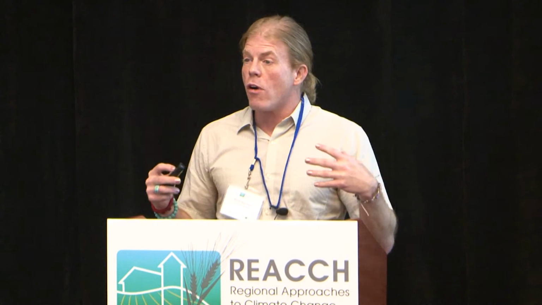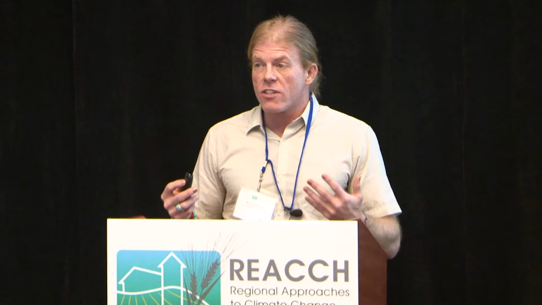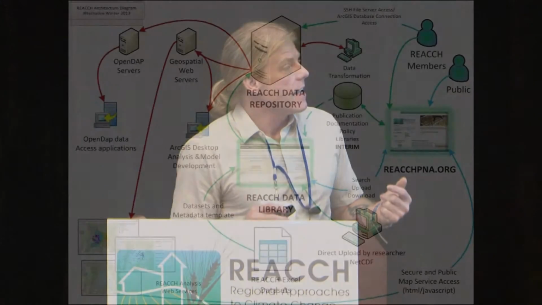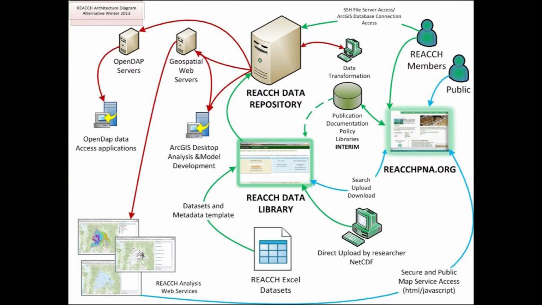For those who are more sophisticated in their analysis, you'll be able to use that same data within ArcGIS, or extract that data and do analysis with a statistical package like R or SPSS. At the same time, some of these services we can make available to the public, based on the security rules we want to have in place for certain data sets.